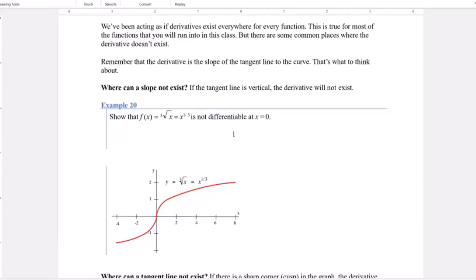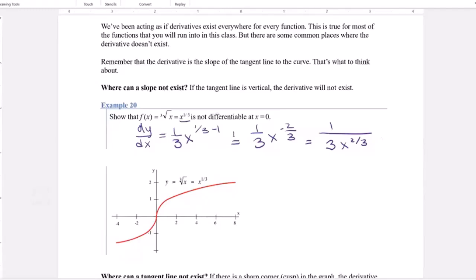So that means I have dy/dx is equal to, the power rule says, 1/3 times x to the 1/3 minus 1, which is equal to 1/3 x to the minus 2/3, which is equal to 1 over 3 x to the 2/3, which is good enough, actually.